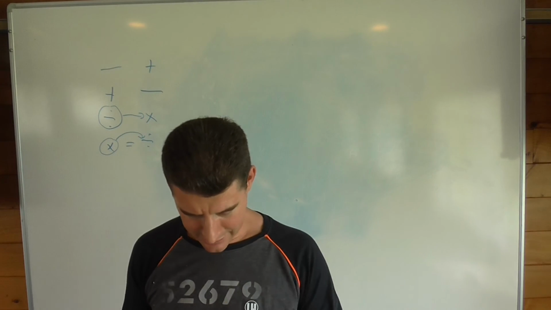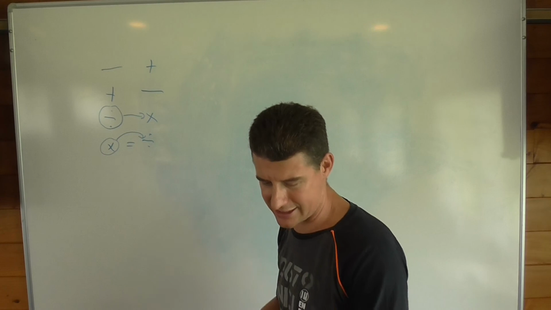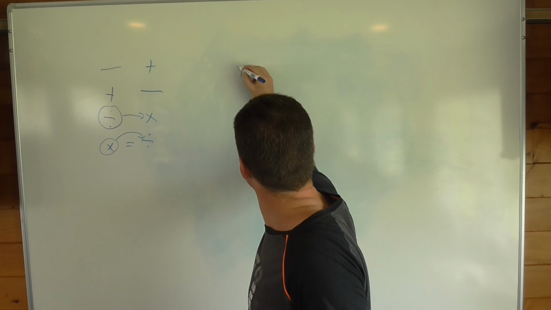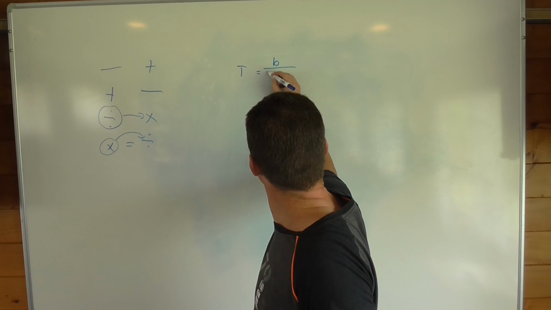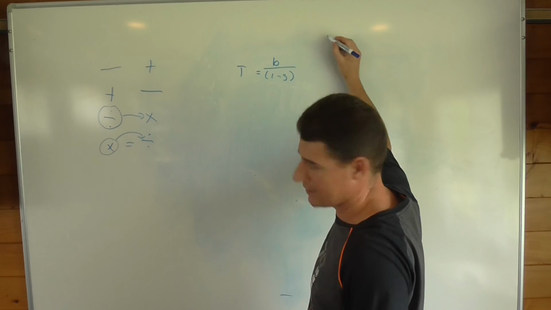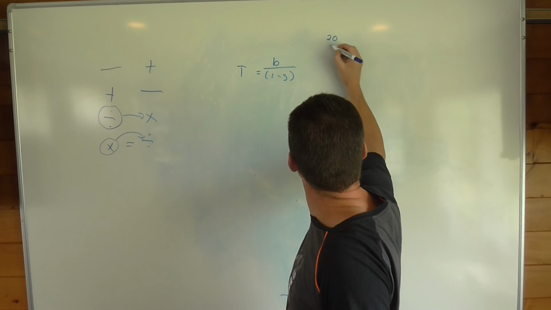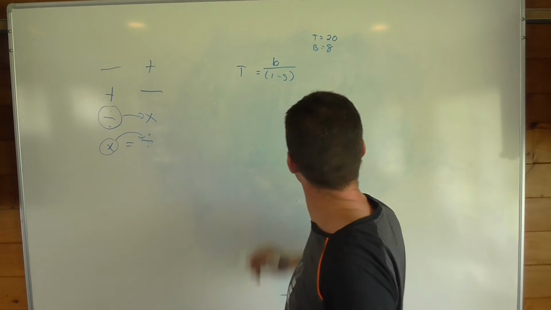Let's quickly look at scenario 3. Okay, they say determine the value of S in the formula T equals B over 1 minus S, and they say T is 20 and B, okay, that's T equals 20 and B equals 8.